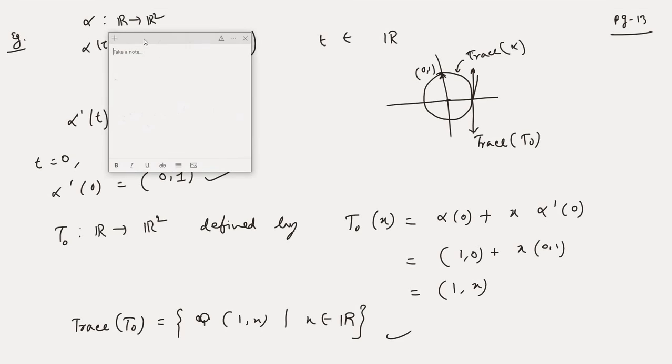Page number 14. Consider the next example, y equal to mx plus c. So basically we characterize straight lines. Third item, characterization of straight lines.